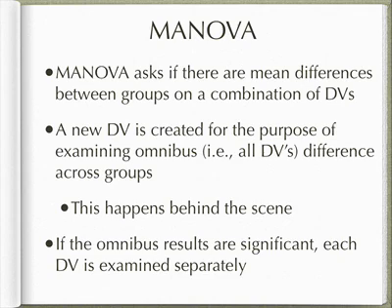What happens, again behind the scenes, it's sort of the intuition or the way to think about what's going on, is that a new dependent variable is created as a part of the multivariate portion of the analysis. And the new dependent variable helps us to understand, are there differences across our groups based on this new combined dependent variable that gets made.